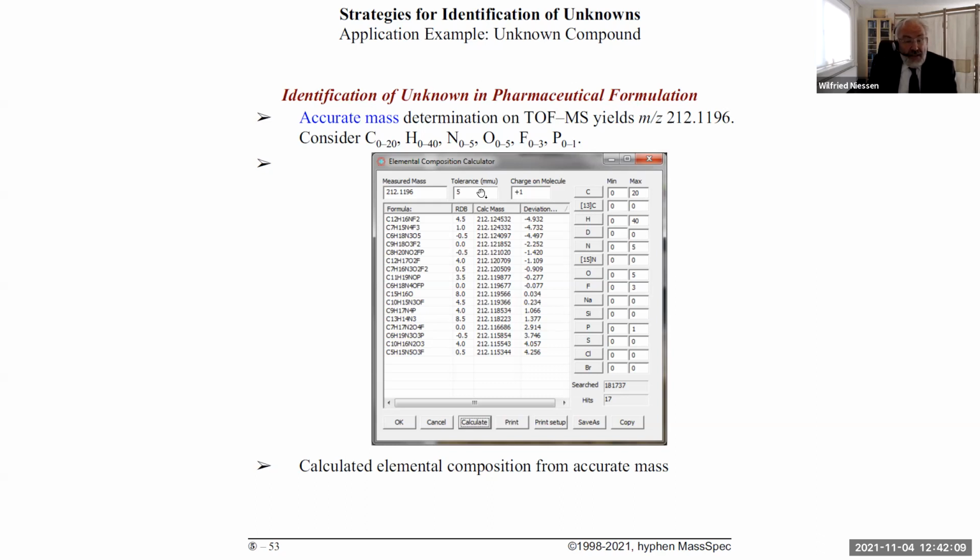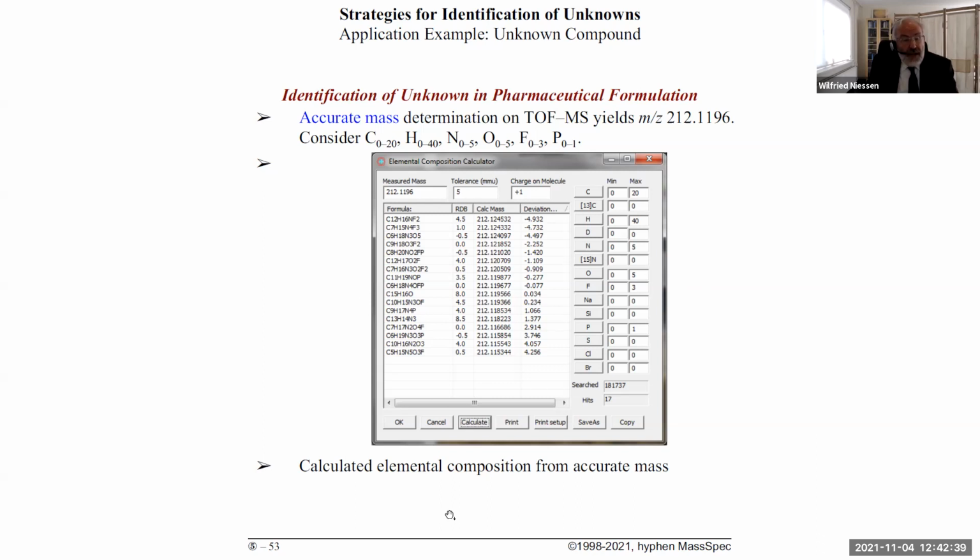And I consider the presence of carbon, hydrogen, nitrogen, oxygen, fluorine, and phosphor. From the isotope pattern in the spectrum, there are no indications for the presence of chlorine, bromine, sulfur, or perhaps silicium. Well, silicium is not very likely. So these are the boundaries I set, and I asked the program to calculate the elemental compositions.